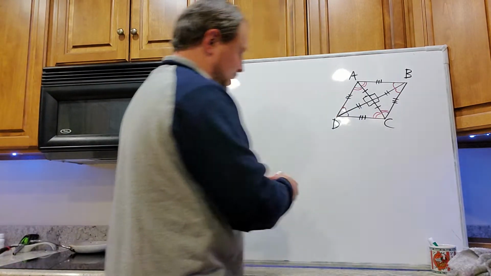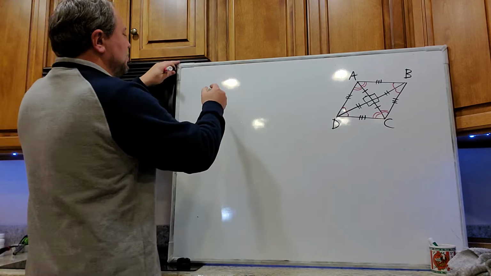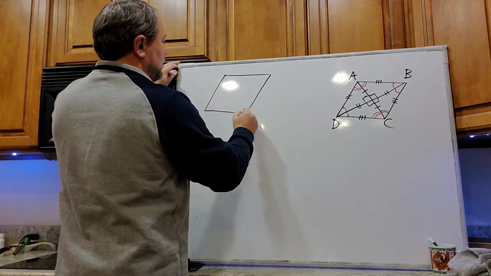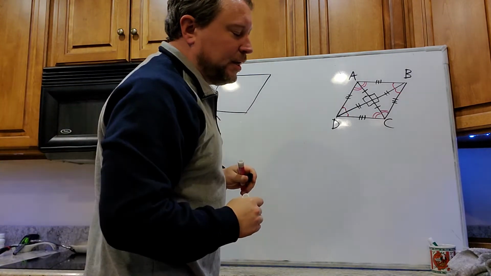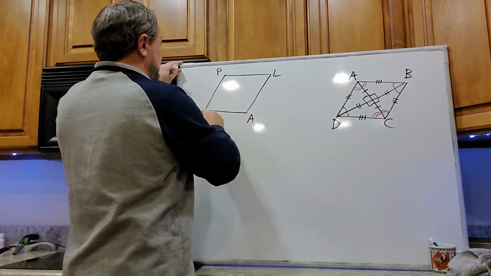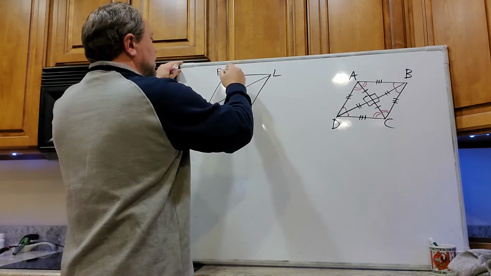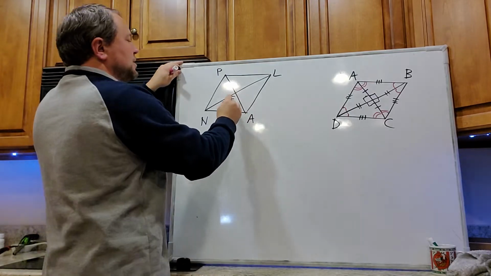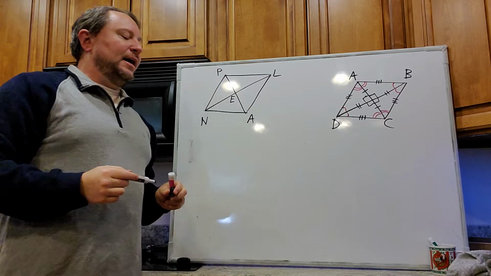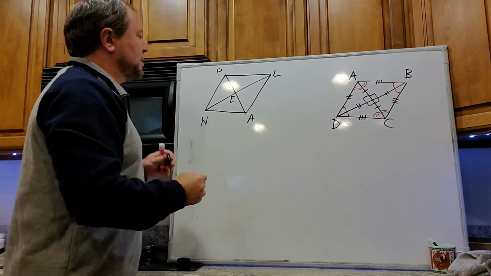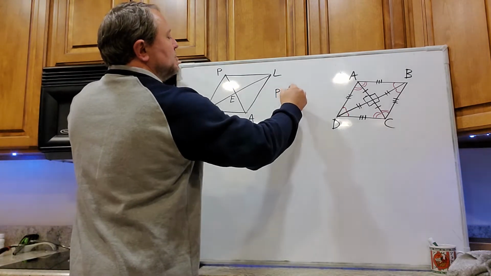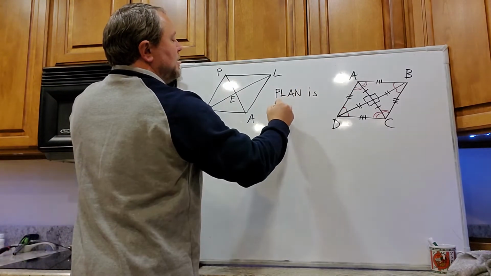So when I go to draw my next rhombus here for our first problem, I'm going to call this one P, L, A, N, and then where they meet here in the middle is E. So it's plane, P-L-A-N-E, plane. But anyways, in this picture here, PLAN, I'm just going to tell you is a rhombus, okay? So PLAN is a rhombus.